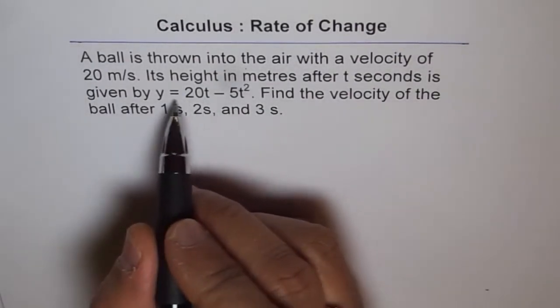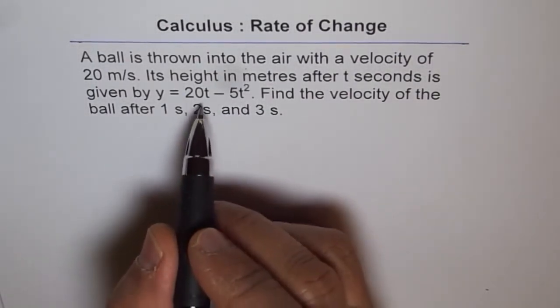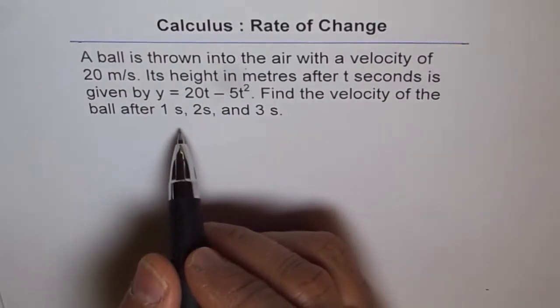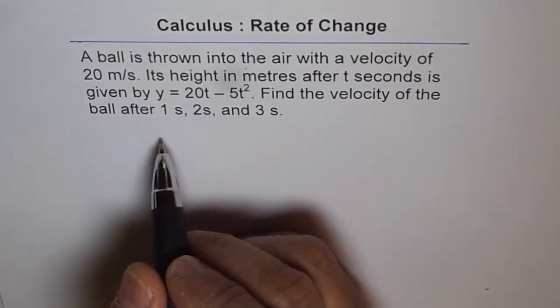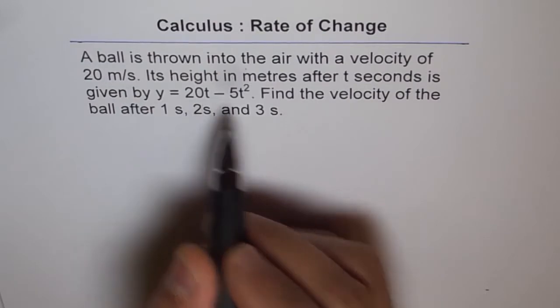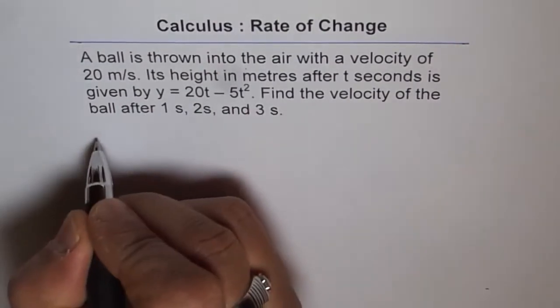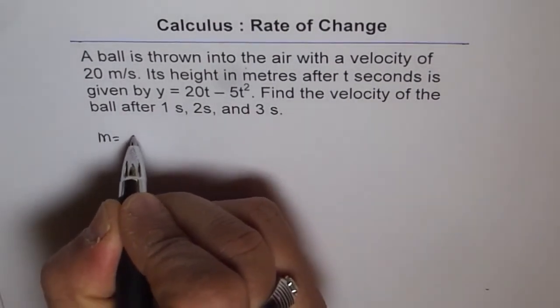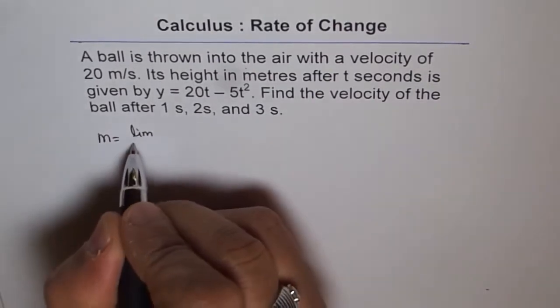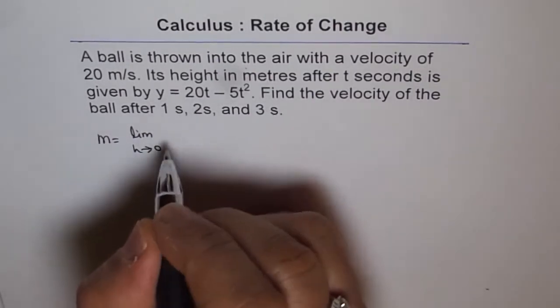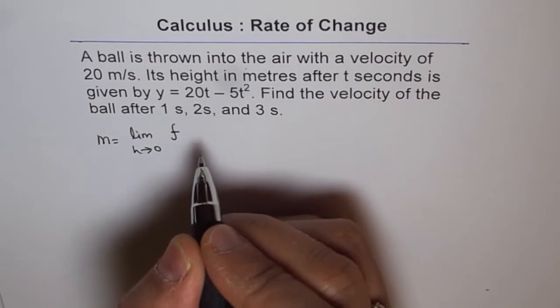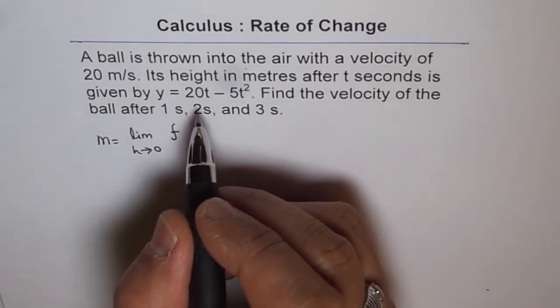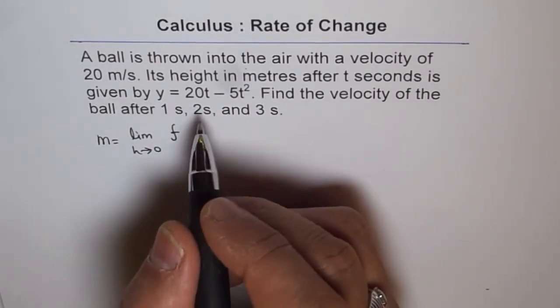So this is a displacement, change in position, in this case height. Now the rate of change of height will give us velocity. So we'll say m equals the limit as h approaches 0, and we are considering a general point, which is at t.